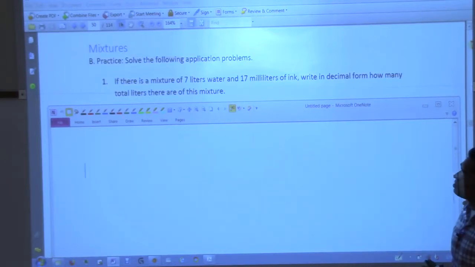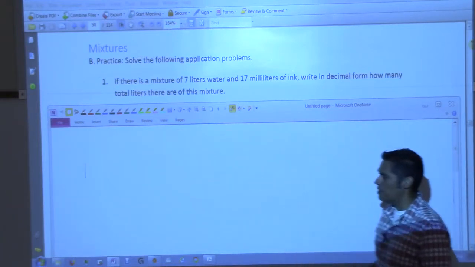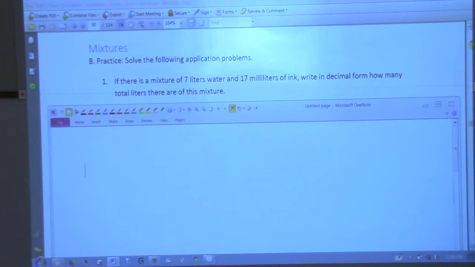If there is a mixture of 7 liters, that's the amount that we have there, 7 liters of water and 17 milliliters of ink, write in decimal form how many total liters there are of this mixture. All right? So this is just the first mixture problem, so we're not doing anything super complicated yet.